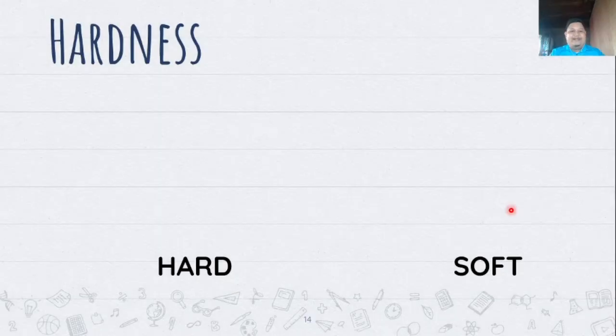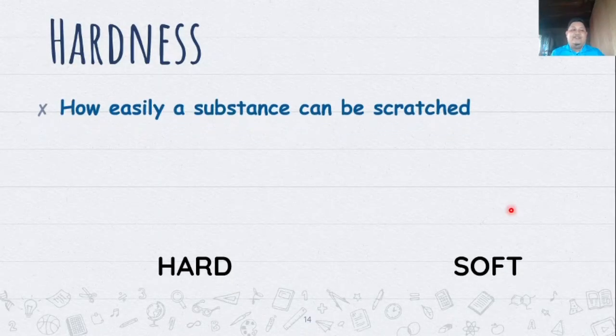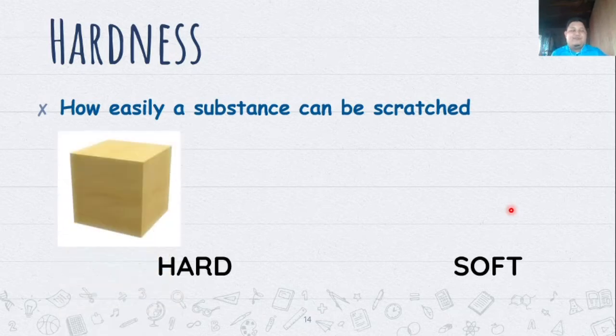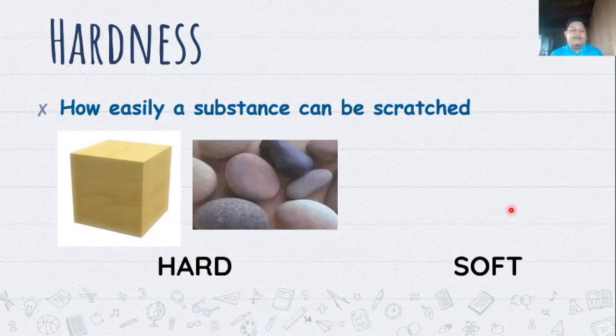Next, hardness. Hardness is the measure of how easily a substance can be scratched. So if a substance is very hard, it is said to be unscratchable, or it cannot be scratched. Some examples include this chunk of wood or block of wood, and rock, or stones.